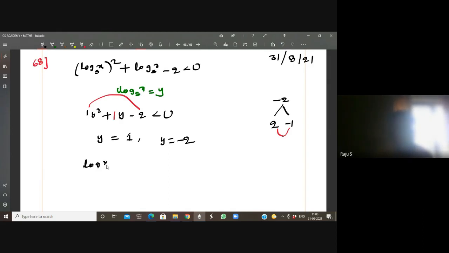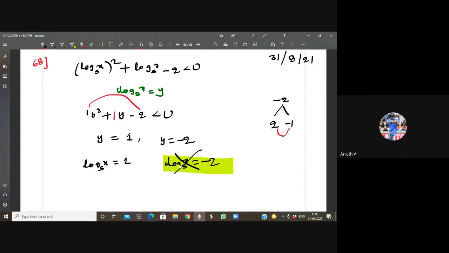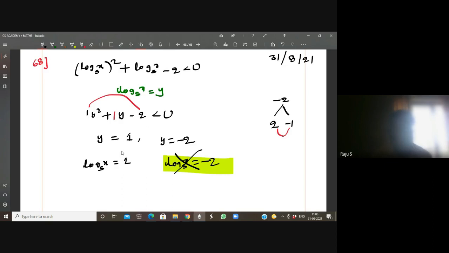The y value is clearly log x equal to 1 base 5, and here log x equal to minus 2 base 5. So is the second one possible? The logarithm of a negative number does not exist. Does it not exist, students? Why do I ask this particular question? It does exist. Why, tell me?